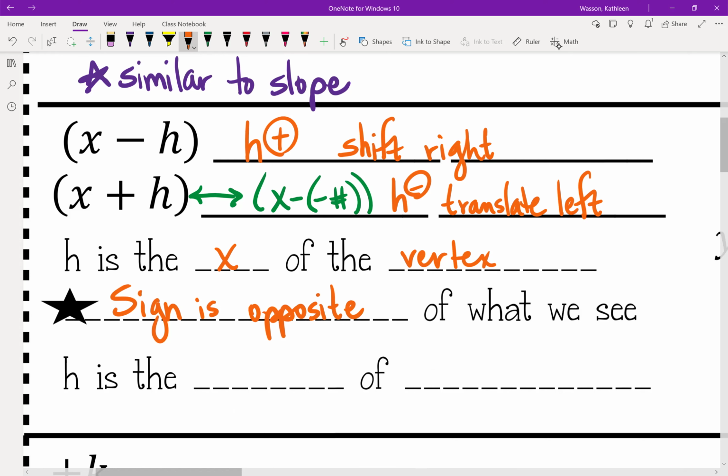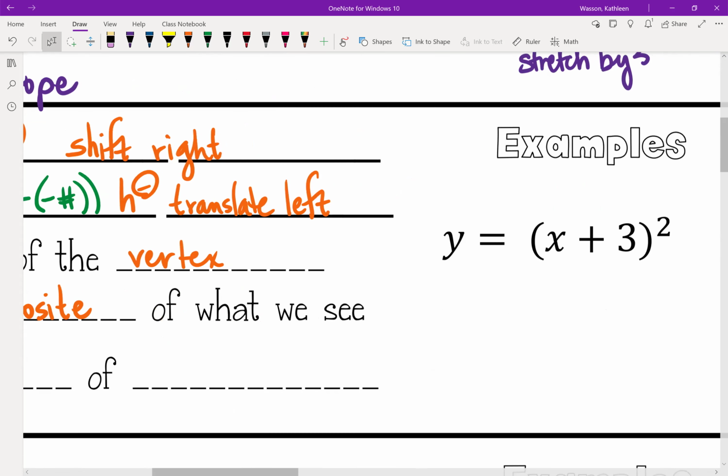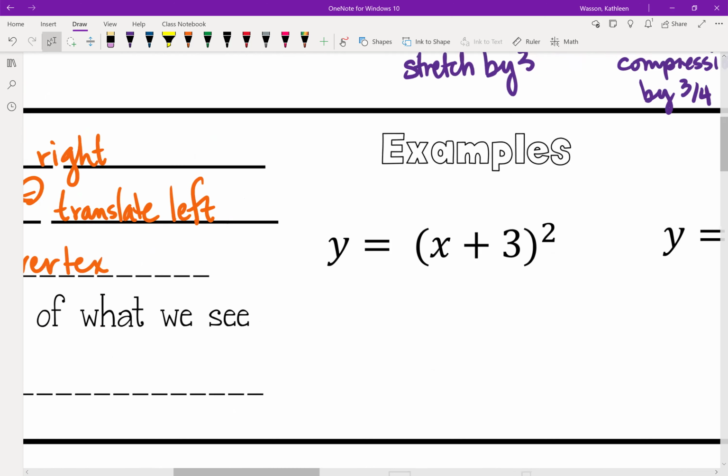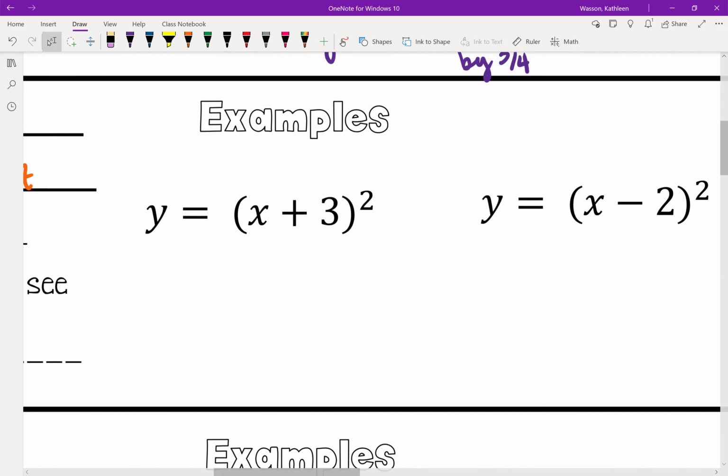So when you read in the equation like this, x plus 3 squared, then the h sign is negative. And when you see x minus 2 squared, then the sign of the h is positive. The sign is always opposite of what you see when you read the equation.